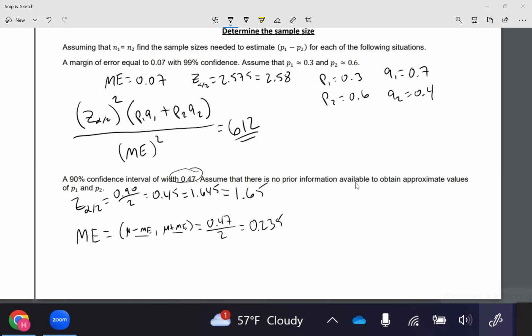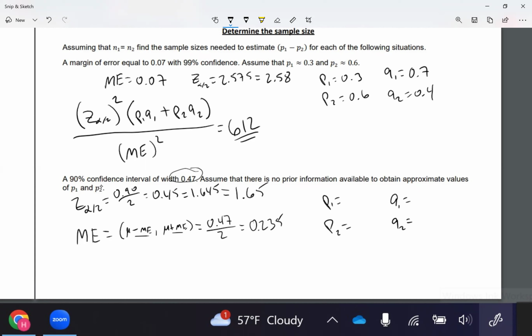Now I need a P1 and Q1, and I'm going to need my P2 and my Q2. Here it says assume that there is no prior information available to obtain approximate values of P1 and P2. If I don't have P1 and P2, obviously I don't have Q1, Q2. However, I need something.